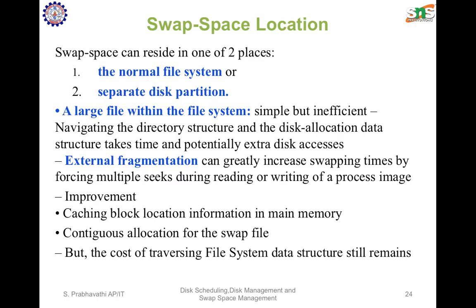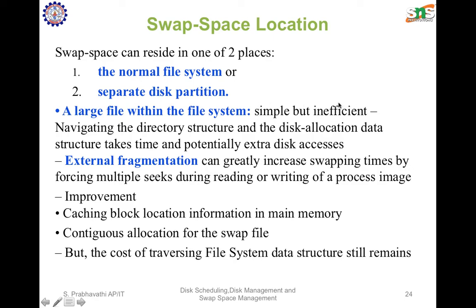Okay, so as I said in the previous slide, swap space can reside either in the normal file system or in the disk partition, so in the secondary disk. So when we have a space in the file system, that is very simple to implement, but it is inefficient.